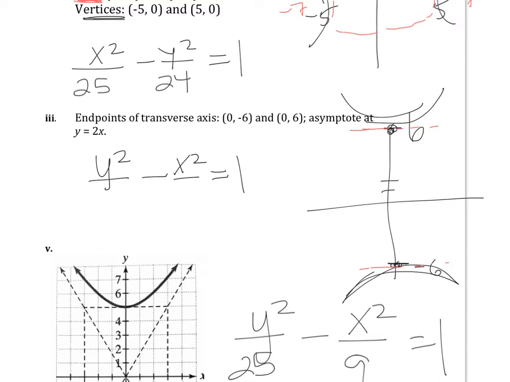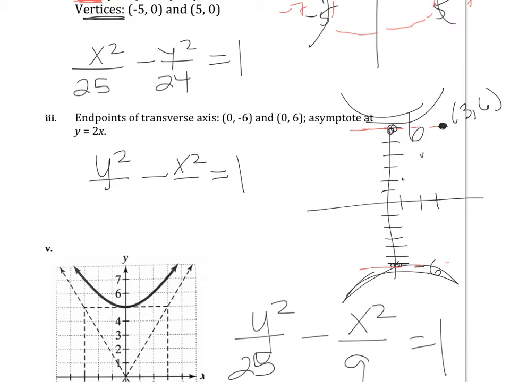So let's see. We went up 2 over 1, up 2 over 1, up 2 over 1. So this is the point (3, 6).